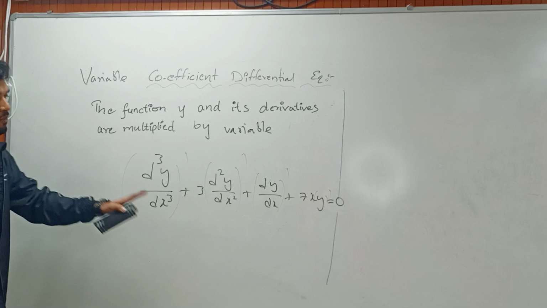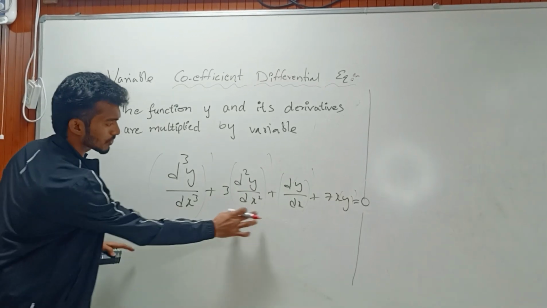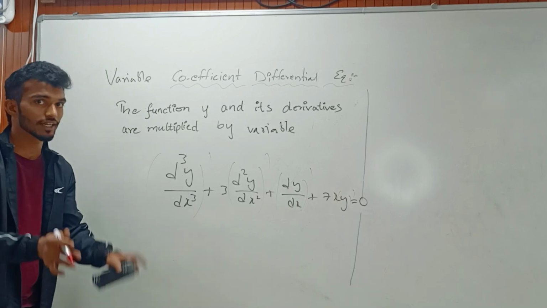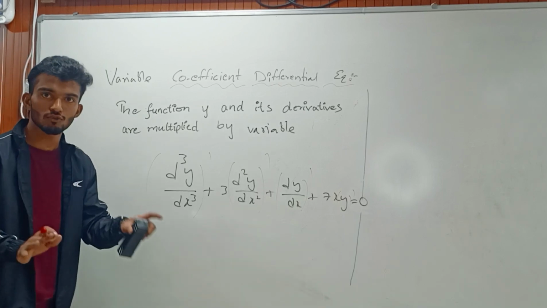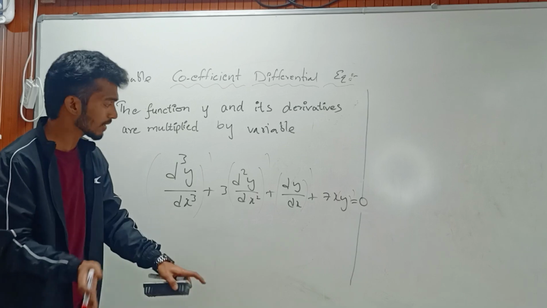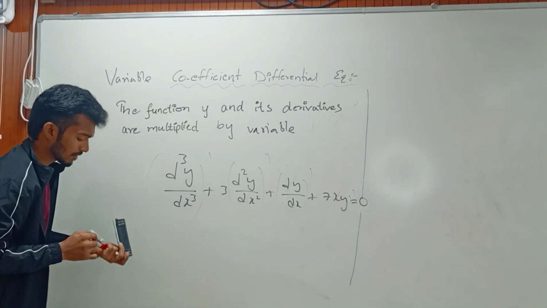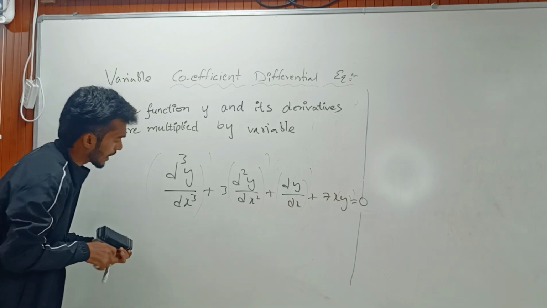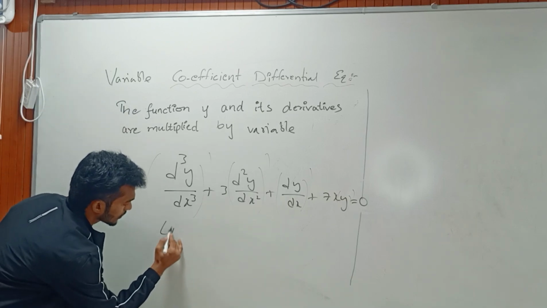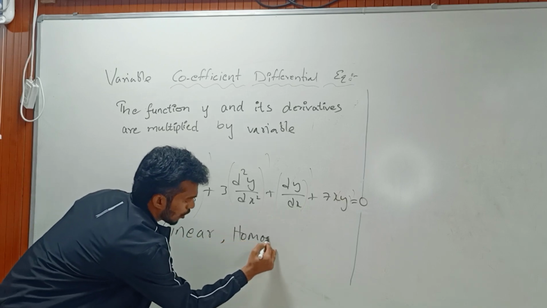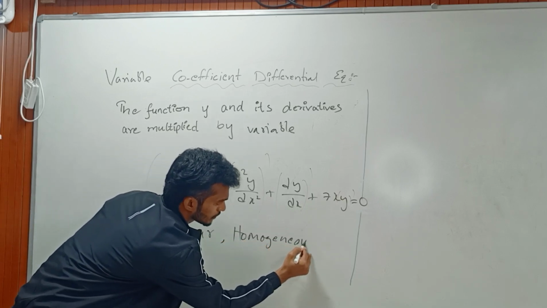And coming to homogeneous or not, all the terms have y or y derivatives. There is no term which does not involve y or a y derivative, right? So it is homogeneous. It is linear and homogeneous.